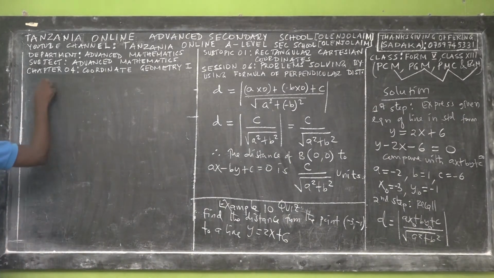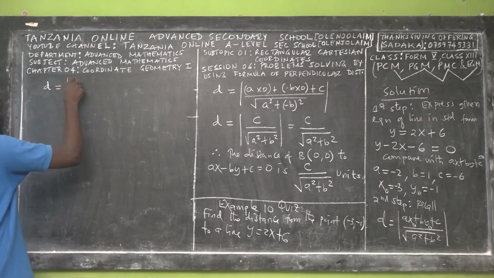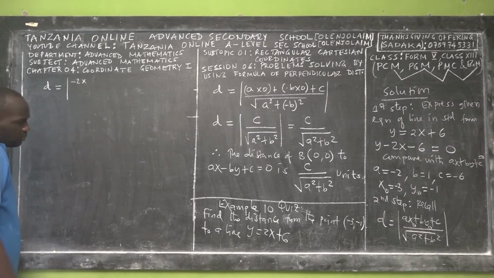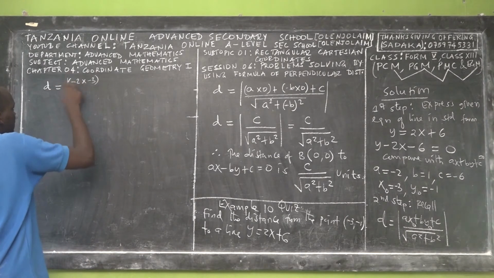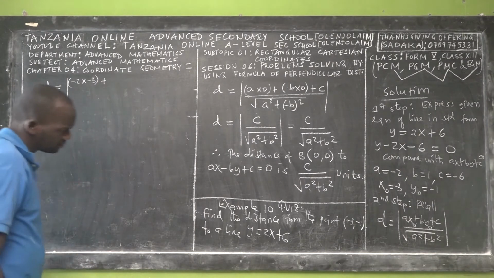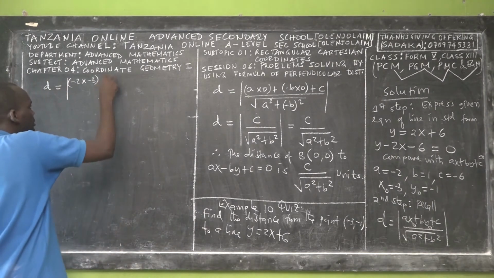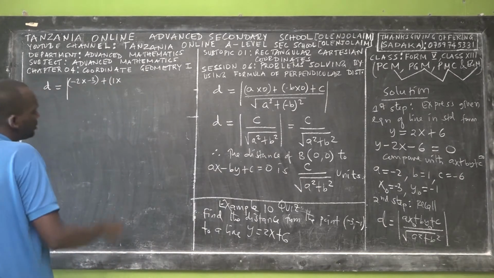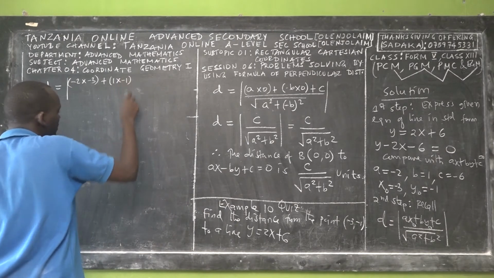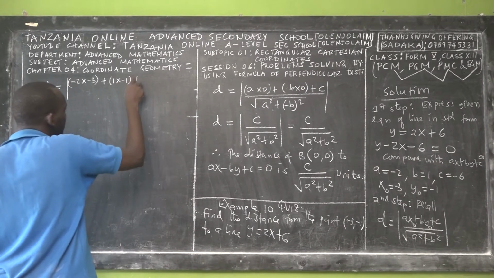So the perpendicular distance is equal to a, which is -2, times x naught, which is -3, plus b, which is 1, times y naught, which is -1, then plus c, which is -6.